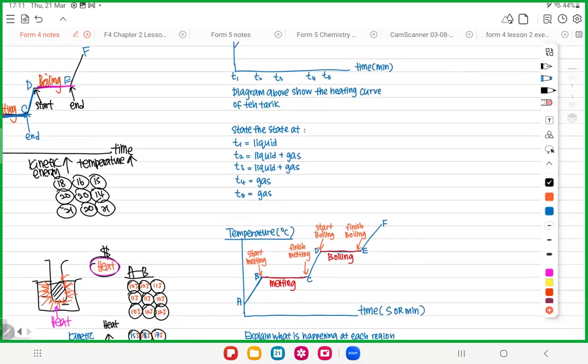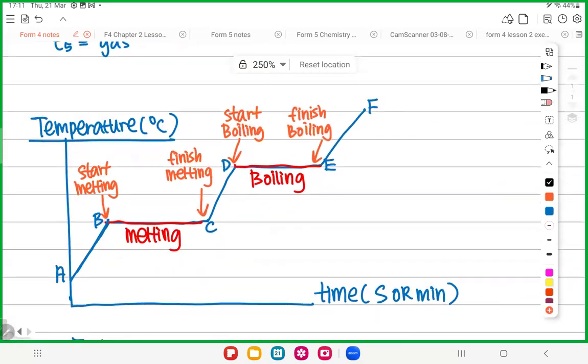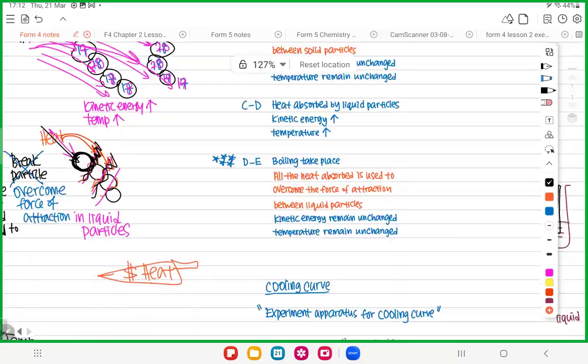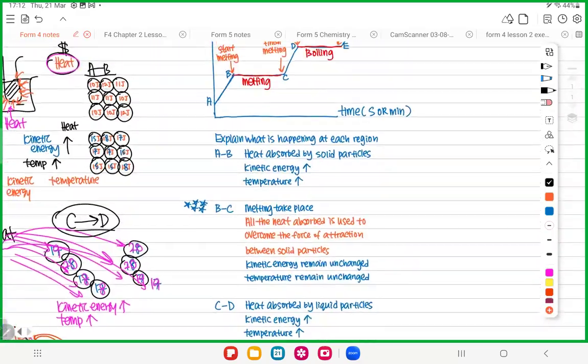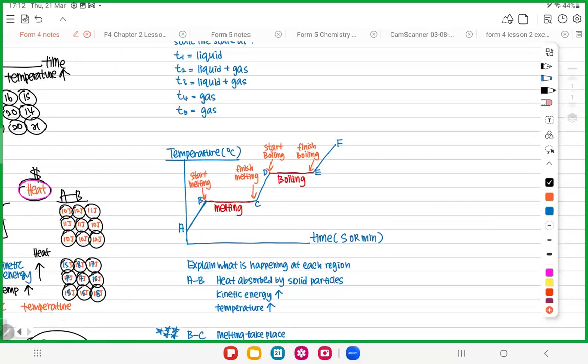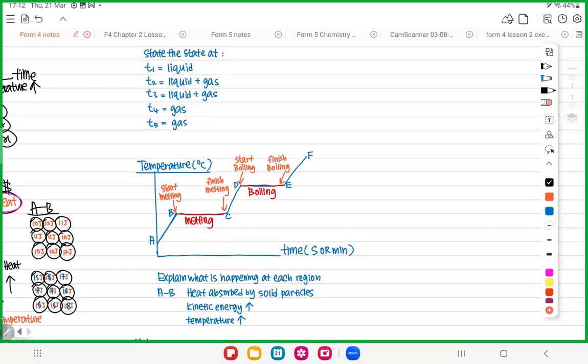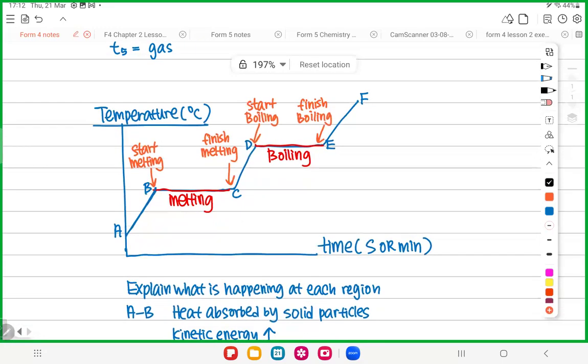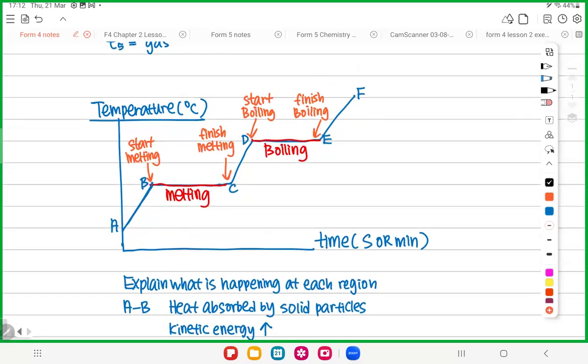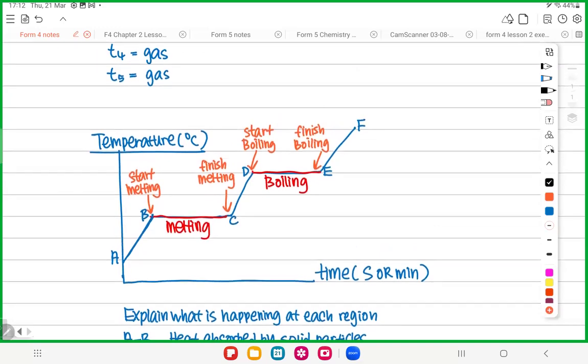Just now we only did revision. So now I want you to know how to explain. The things look very long and complicated, but it's okay. Just follow me, and I only want two things from you. Number one, stay focused and concentrate. Try to listen to what I'm telling you.